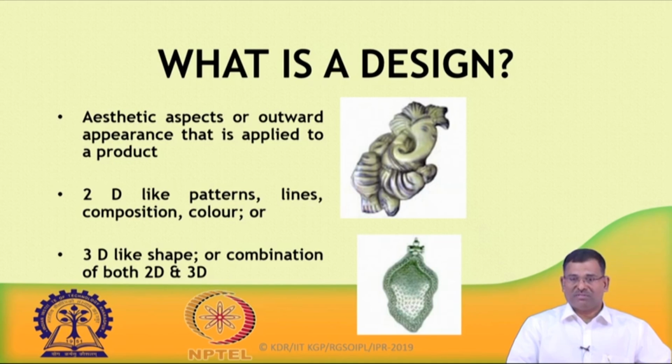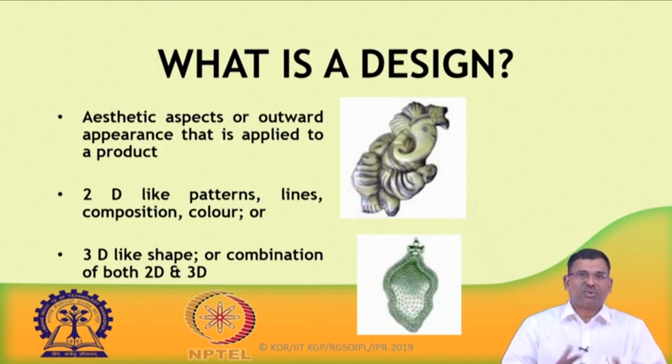It can be shapes, lines, composition, color, or even a combination of both 2D and 3D, so that it is aesthetic to the eye. The aesthetic appearance is what is registrable as design. If the aesthetic aspect is new, it can be registered as a design.